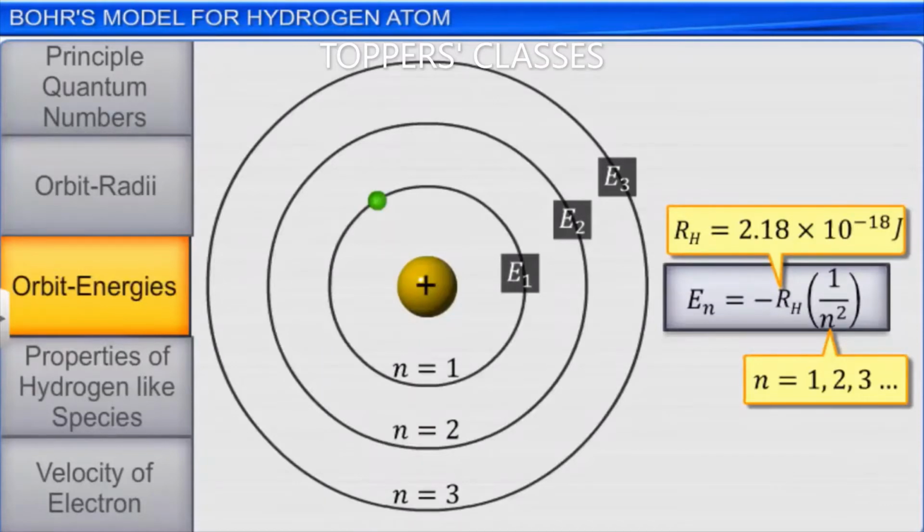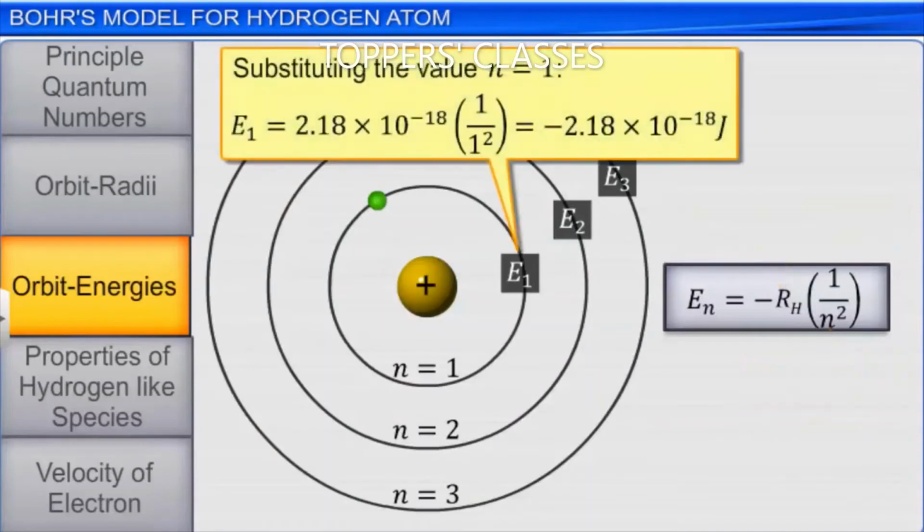Energy of the nth orbit of a hydrogen atom in electron volts is equal to -13.6/n². Thus, the energy of the ground state, n = 1, for hydrogen atom is equal to -2.18 × 10^-18 joules.